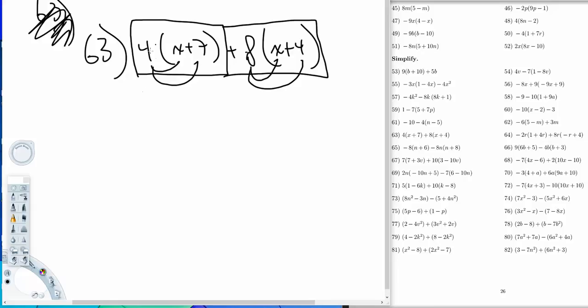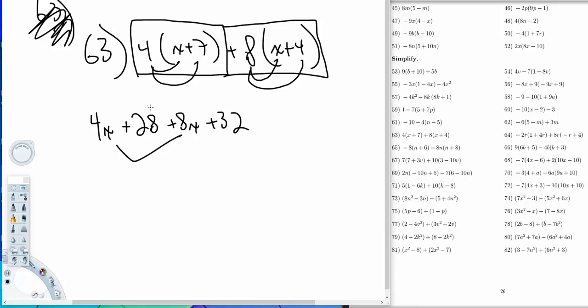So, 4 times x, 4x. 4 times 7, 28. 8 times x, plus 8x, right? It's positive. 8 times 4, plus 32.